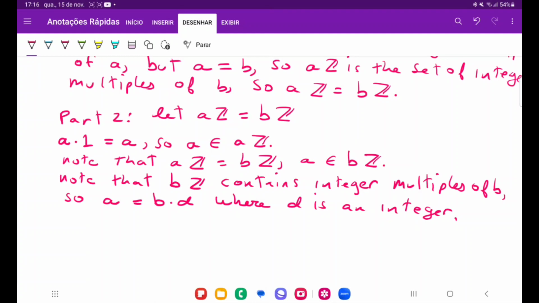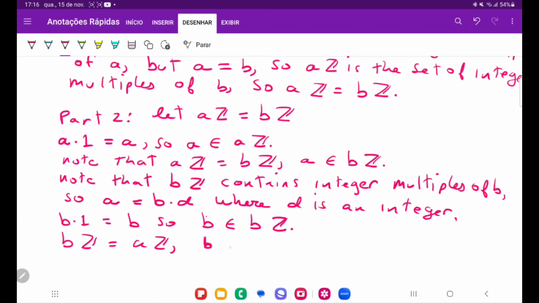Okay, so now we're going to do it the other way around. We're going to say B times 1 is equal to B. Because B times 1 is an integer multiple of B, B belongs to BZ. And if B belongs to BZ, BZ is equal to AZ, so it means that B belongs to AZ.